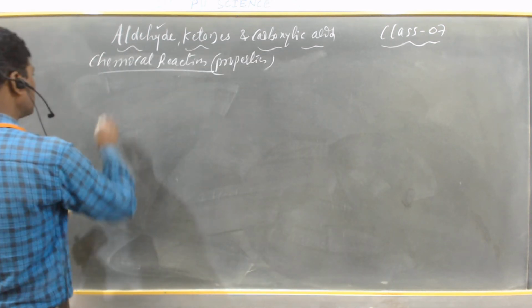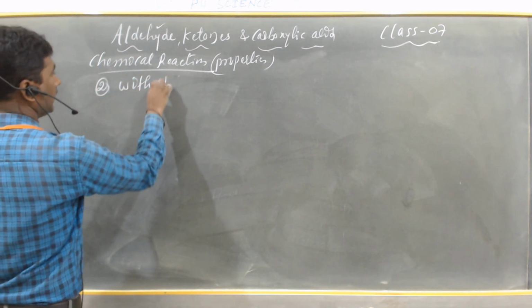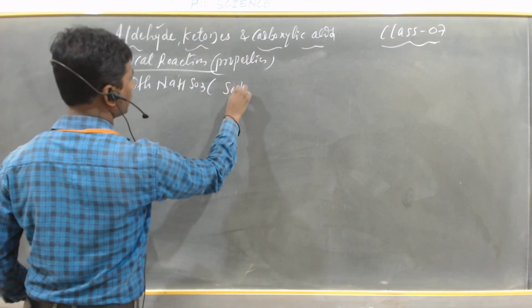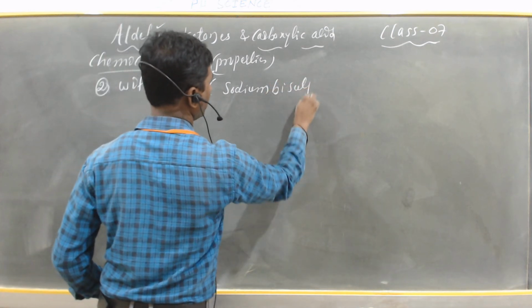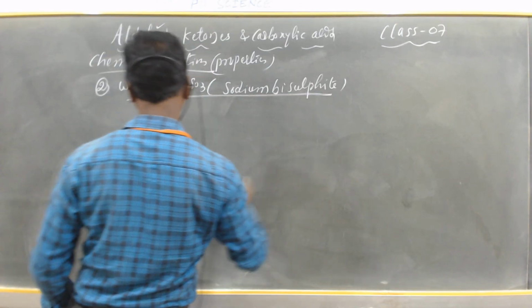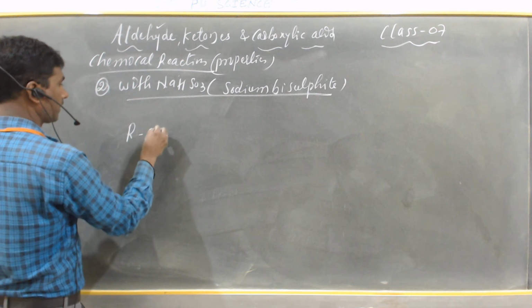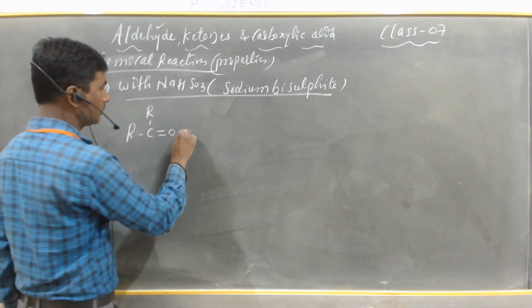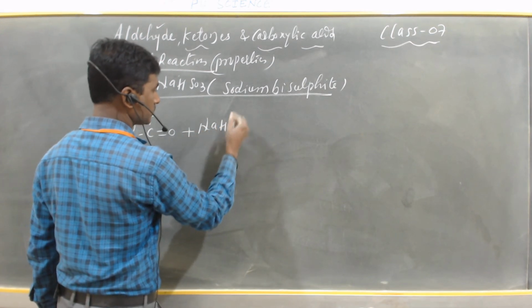I can discuss the addition of sodium bisulfite. Take R, C double bond O, R. To this add NaHSO3.